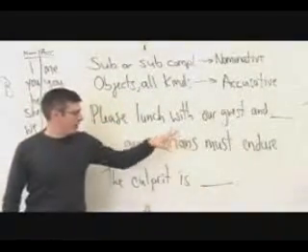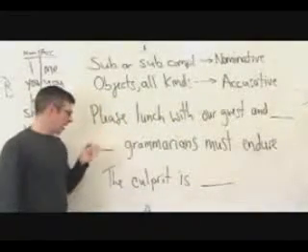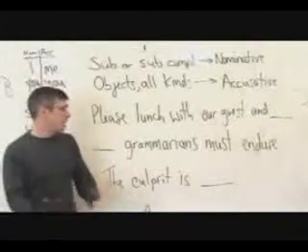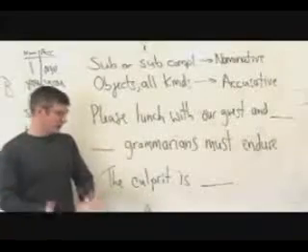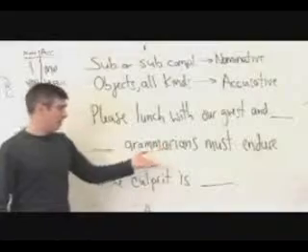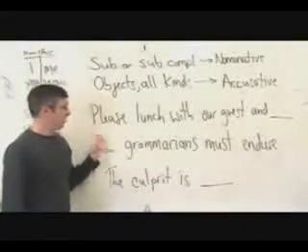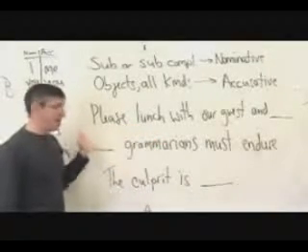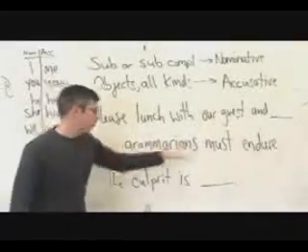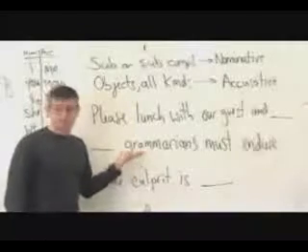Blank grammarians must endure. So the question here, supposing we were asking, is it we grammarians must endure or us grammarians must endure? And the answer comes by looking at what this thing does in the sentence. It is functioning as the subject. Must is the verb, and blank grammarians is the subject.